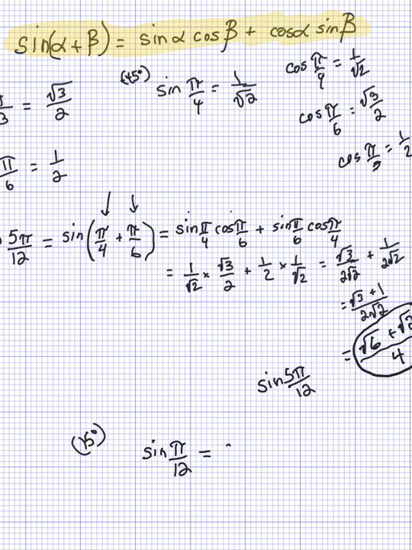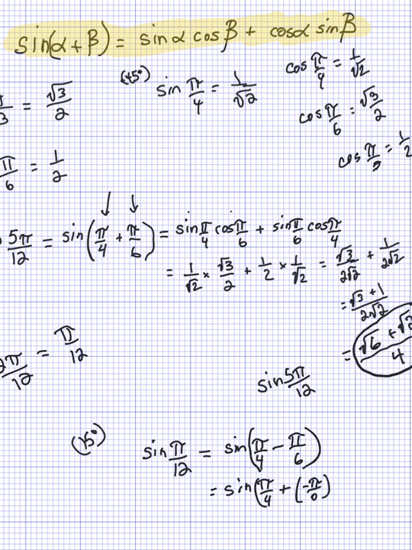Well, we could just say that that is the sine of pi by 4 minus pi by 6, because pi by 4 is the same as 3 pi by 12, minus pi by 6, which is 2 pi by 12, is just equal to pi by 12. And so this is actually the same as saying sine of pi by 4 plus negative pi by 6.